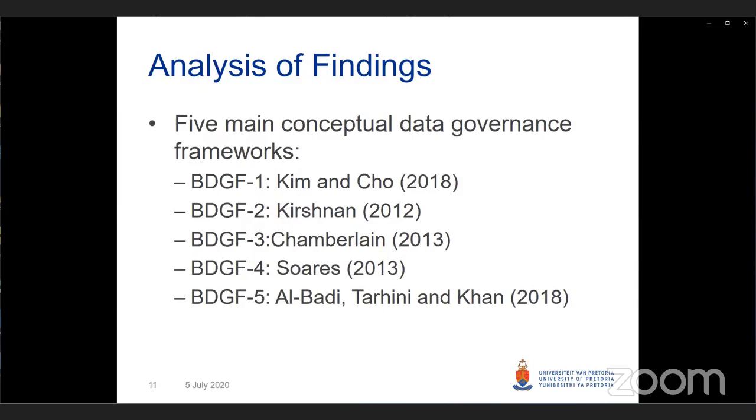The final literature pool evaluated identified 5 main conceptual data governance frameworks. These were labeled as BDGF1 to 5. BDGF1, proposed by Kim and Cho, placed importance on big data services to create value that aligns with the overall organizational objective of achieving value.